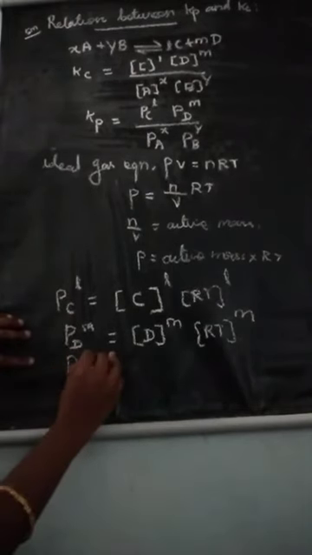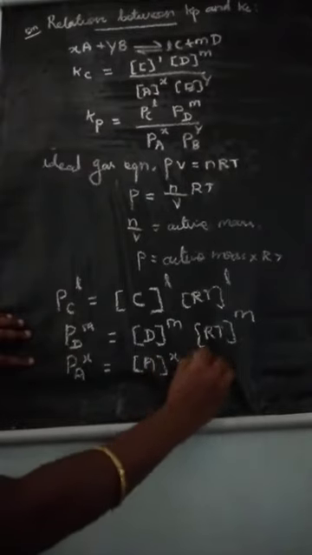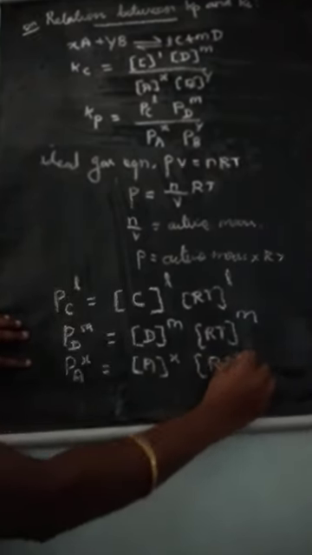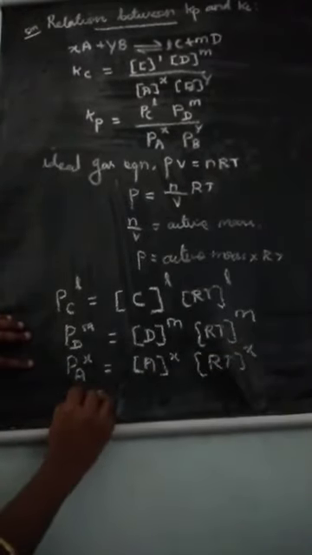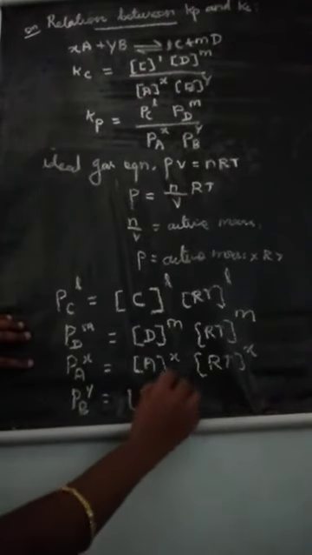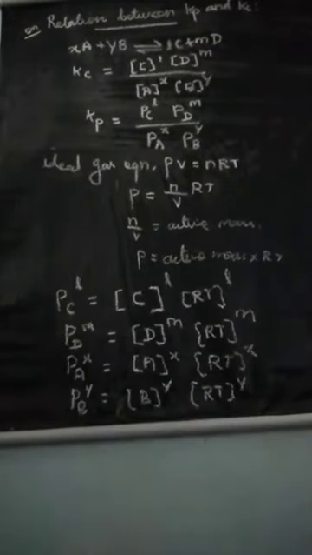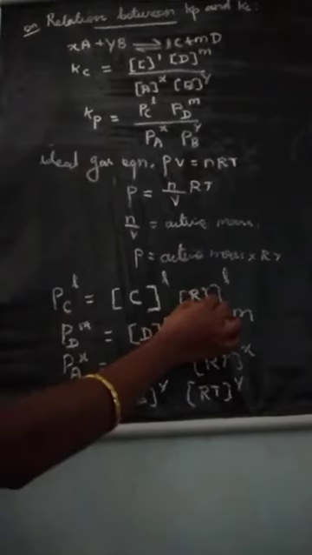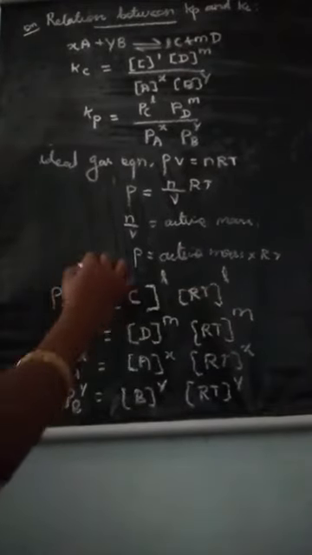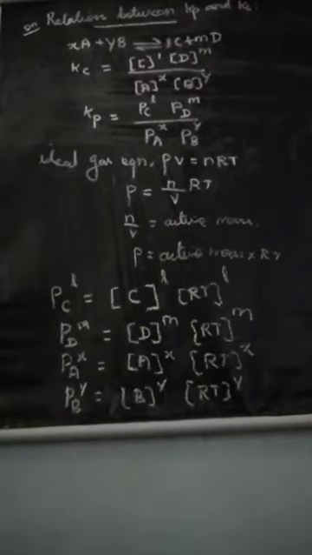PA power X is equal to concentration of A power X into RT power X. Then PB power Y is equal to concentration of B power Y into RT power Y. Understand? See, pressure formula is active mass into RT, separately for PC power L, PD power M, PA power X and PB power Y.